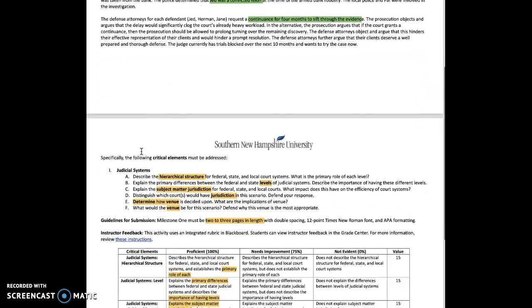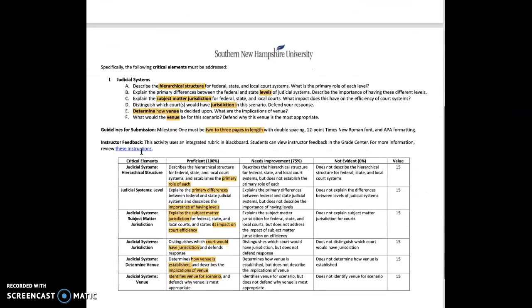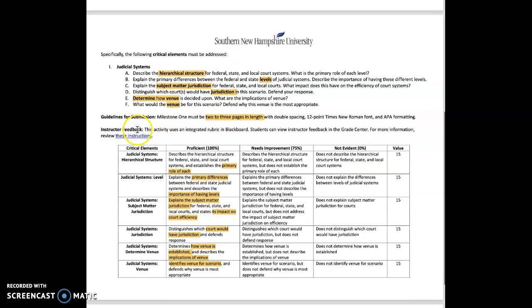So this week our focus is going to be on judicial systems. We're going to be looking at the hierarchical structure for federal, state, and local courts.